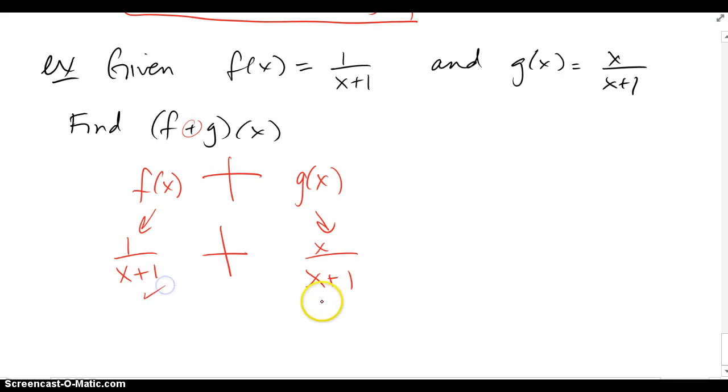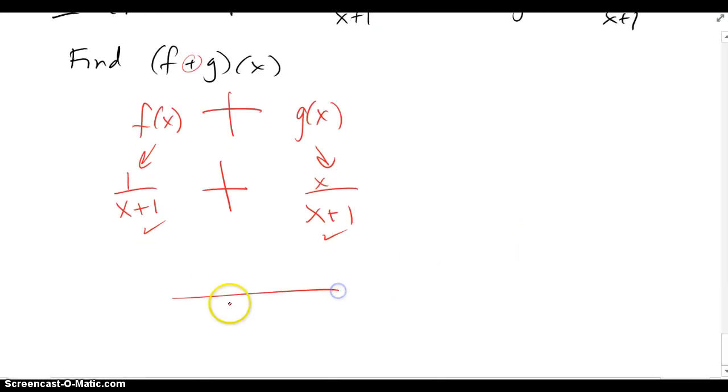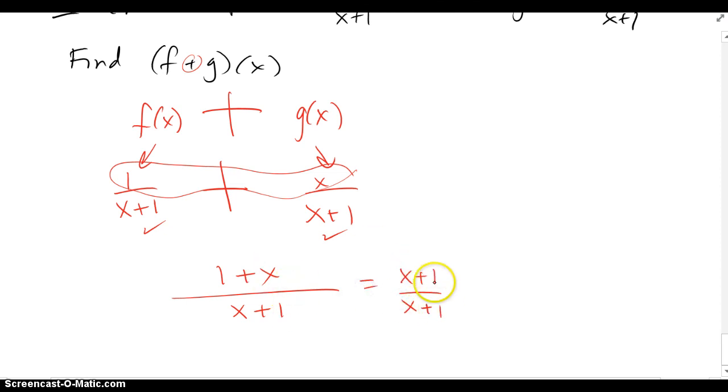And luckily the denominators are the same. Check, check. So that's going to give me just the numerators to combine. And when I combine those, I get x plus 1 over x plus 1. But that is the same as the denominator x plus 1, so they're both identical and they reduce. So my final answer in adding these two fractions is equal to 1.